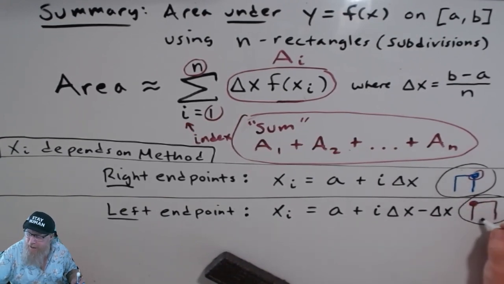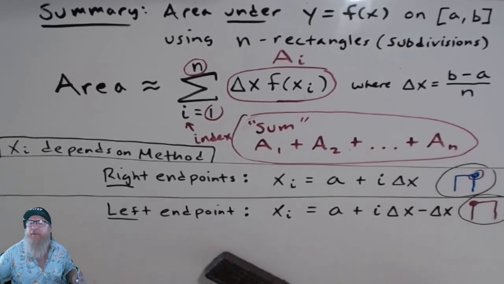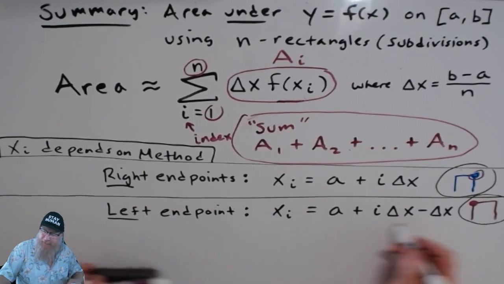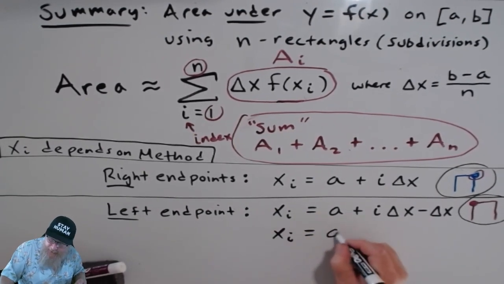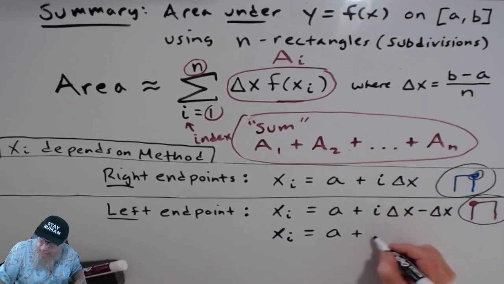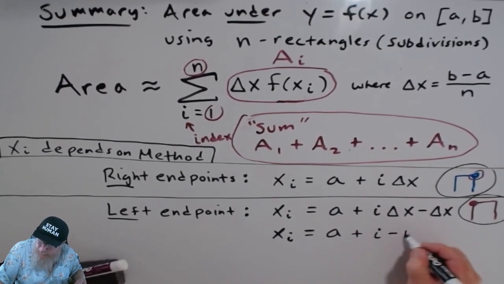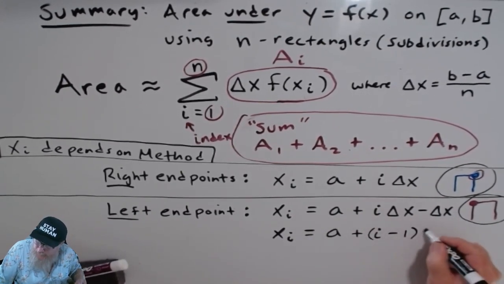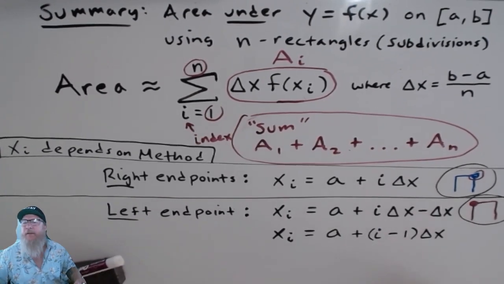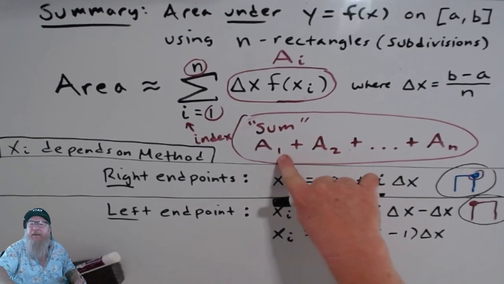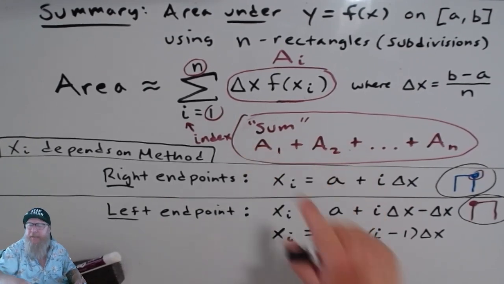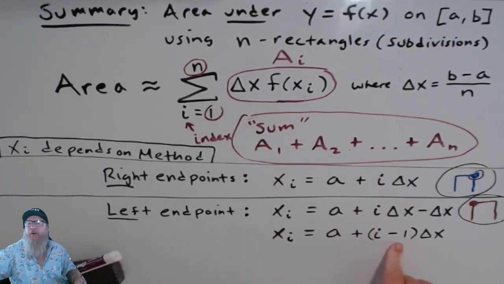Now remember, the width of each rectangle is the same, so they're all delta x's. This one can be simplified. a plus, you can combine the delta x's by factoring: (i minus 1) delta x. Which essentially means when you plug in 1 for the first rectangle, this factor becomes 0.